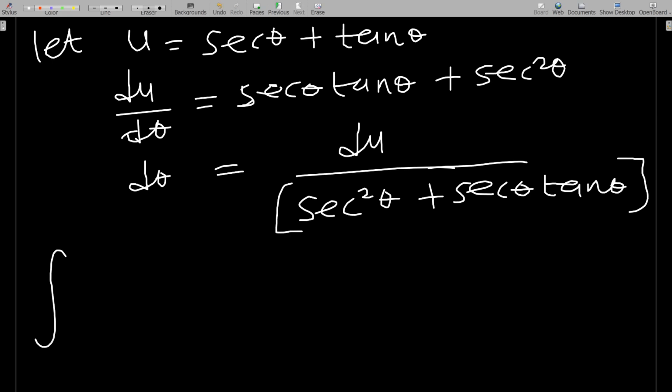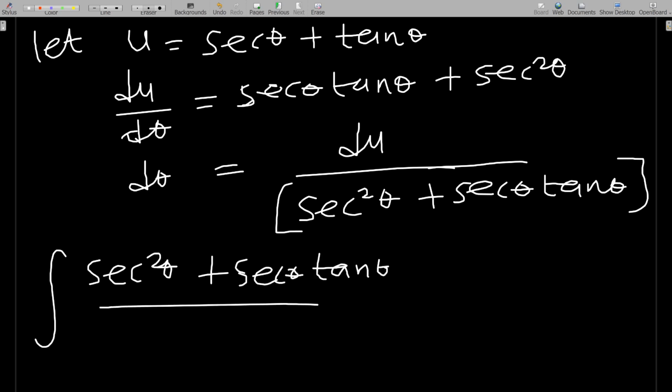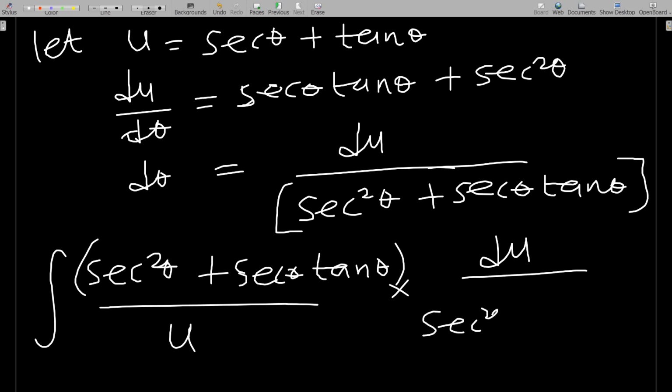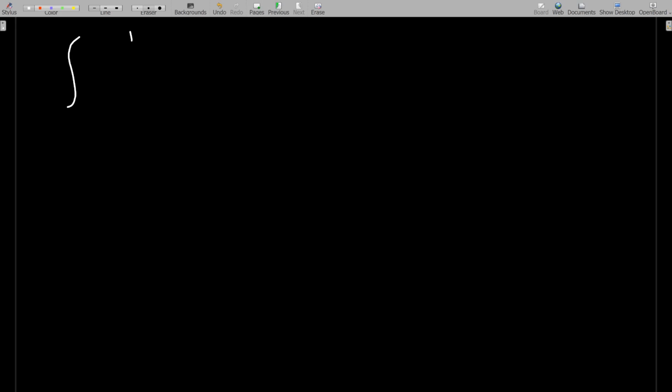So I have the integral, then the numerator was sec squared theta plus sec theta tan theta, over the denominator, which is u, times d theta. The d theta is du over, let me put a bracket here, sec squared theta plus sec theta tan theta, and this whole thing will take this whole thing away, so we'll be left with the integral of 1 over u du.